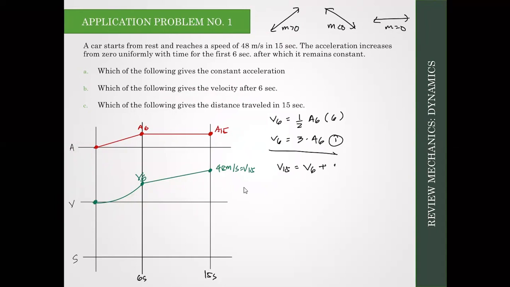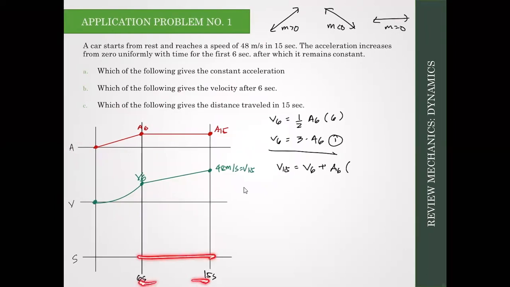That is yung A6 natin times, ano ba itong distance na to? 15 minus 6. So, ito ay 6 seconds, ito ay 9. Okay? So, this will be, rectangle lang yan.